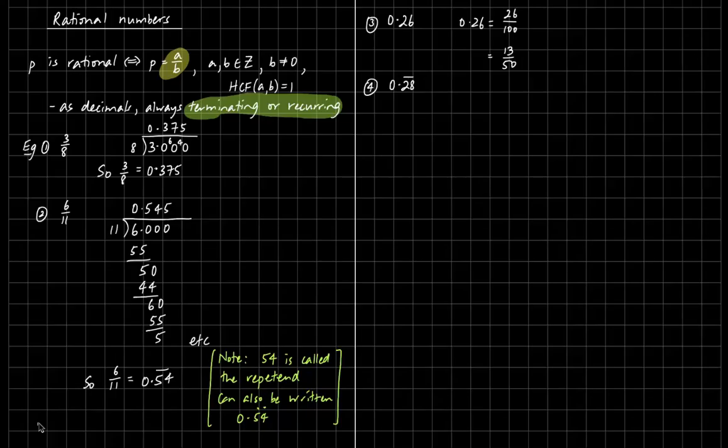0.28 recurring. So here's one technique that we can use, and there are a couple of different ways or different types of maths that we can use to do this, but for our purposes, let's let n be equal to 0.28 recurring. So let's write a few cases of the repetend, and then we'll just say dot dot dot to show that that's what continues.